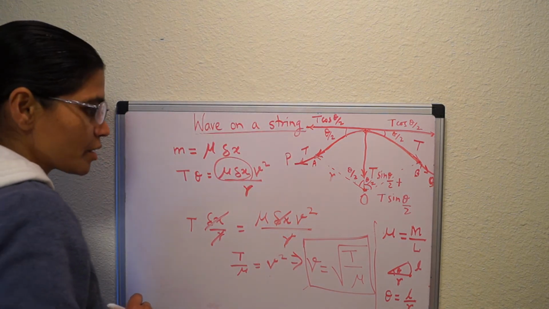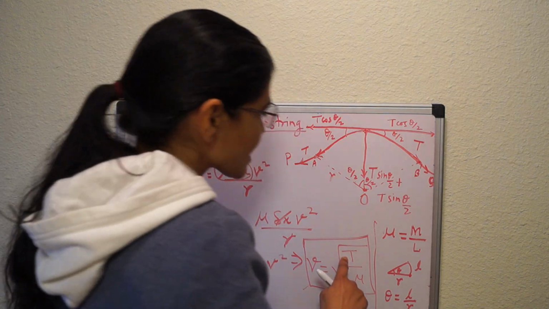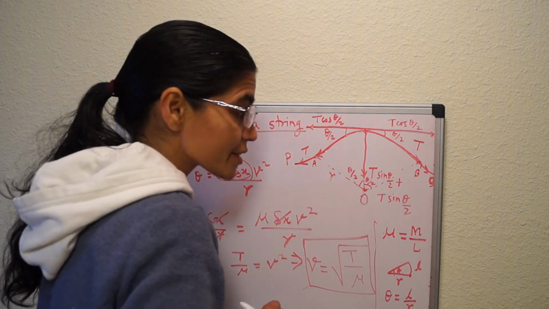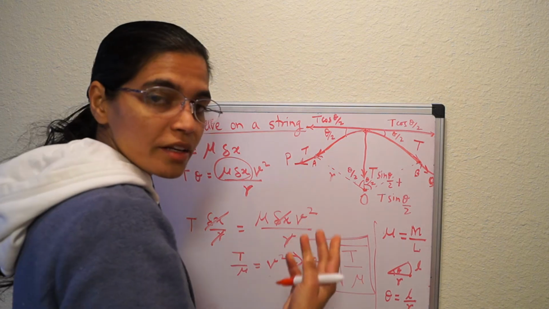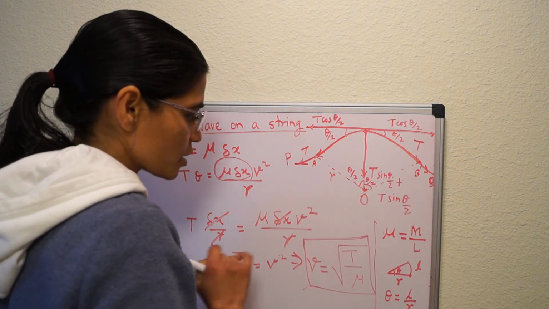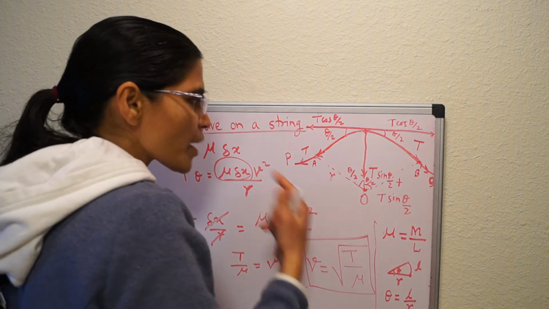Now, very, very important, this t is not a period, this is a tension t. Mu is the linear mass density of the string, you guys already know that. So let's make a distinction.